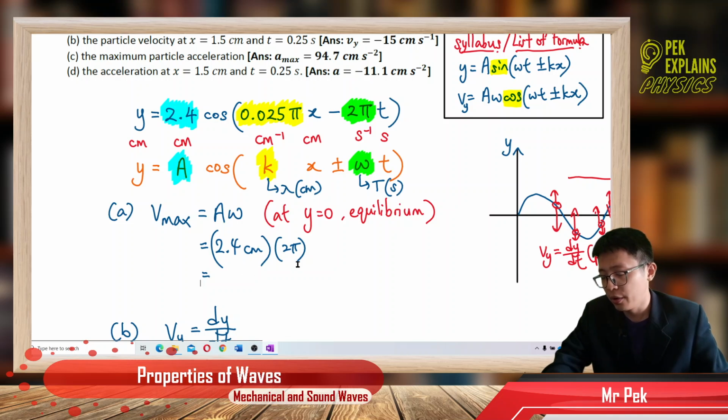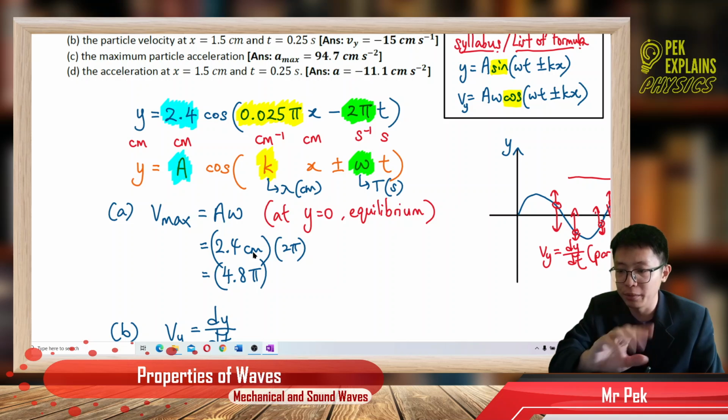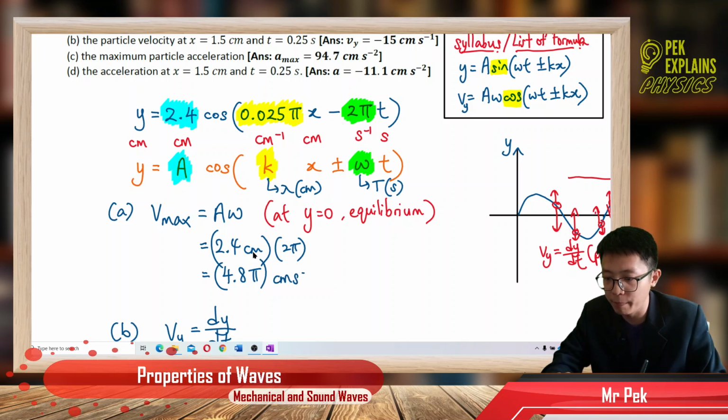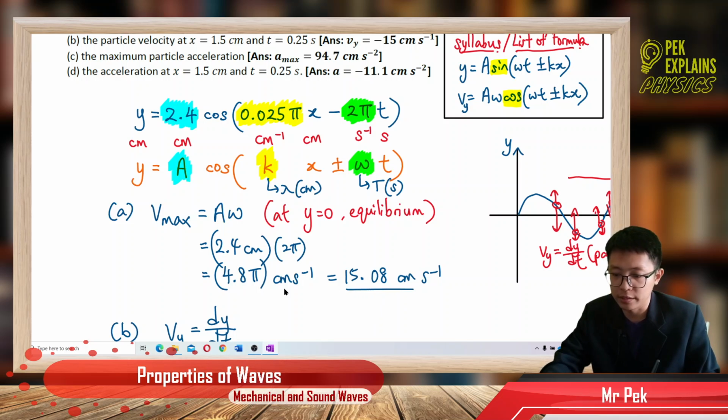So multiply and I get 4.8 pi. The unit is not meter per second, but cm per second. Remember the unit, don't get it wrong. Which is also 15.08 centimeter per second. That's the answer, the maximum speed.